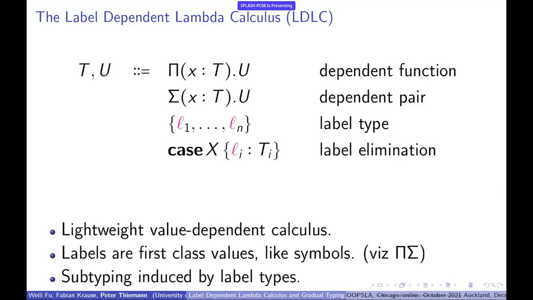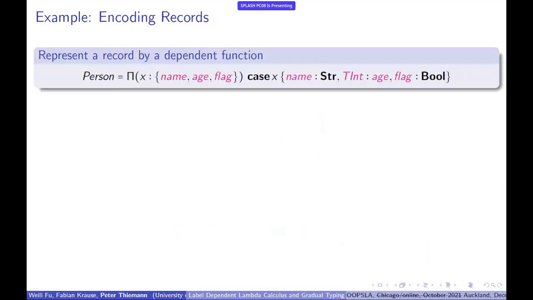Right. And what's also an interesting and complicating aspect due to label types: subsetting of label types actually induces a subtyping relation in the sort of obvious way, and it's also propagated in the standard way to sum types and product types using the usual rules that are there for dependent types.